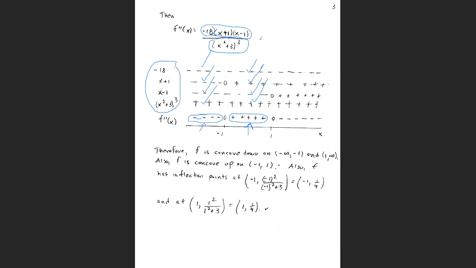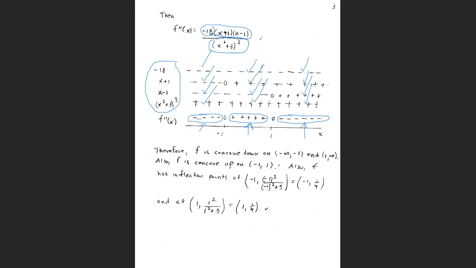And then finally, when x is greater than 1, the second derivative is positive, because there we have a negative times a positive divided by a positive.